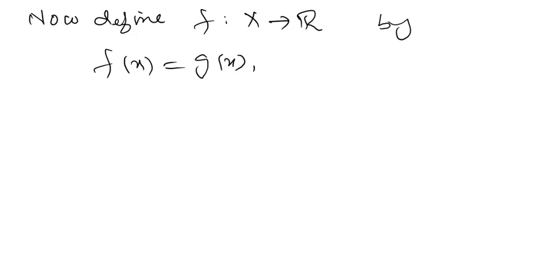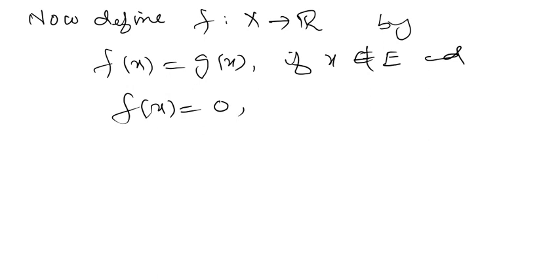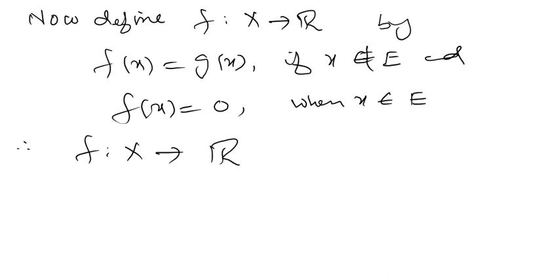Define f from X to R by f of x equals g of x if x is not in E, where it is finite. Because on E, g of x is infinity, so if x is not in E, in this case f of x will be g of x. And f takes the value 0 when g of x is infinity, that is, when x is in E. So therefore this f is a function from X to R.